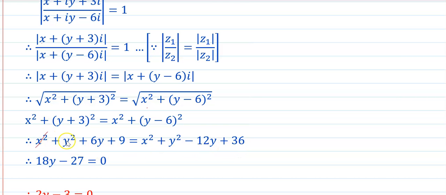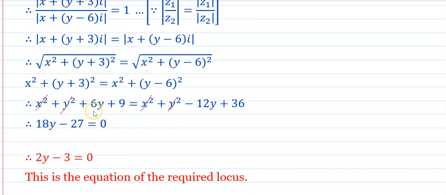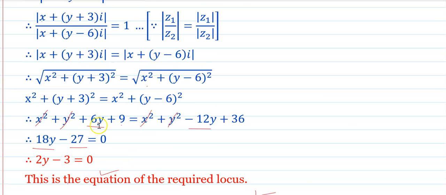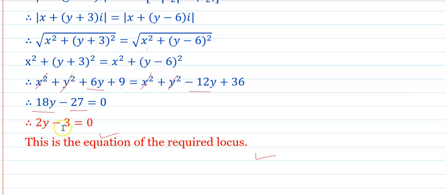From both sides, x squared plus y squared cancel. You get plus 6y; if we take minus 12y to the left-hand side, it becomes 6 plus 12y, that is 18y. Next, plus 9 and minus 36 give minus 27. Divide both sides by 9, and you get 2y minus 3 equals 0. This is the required locus.